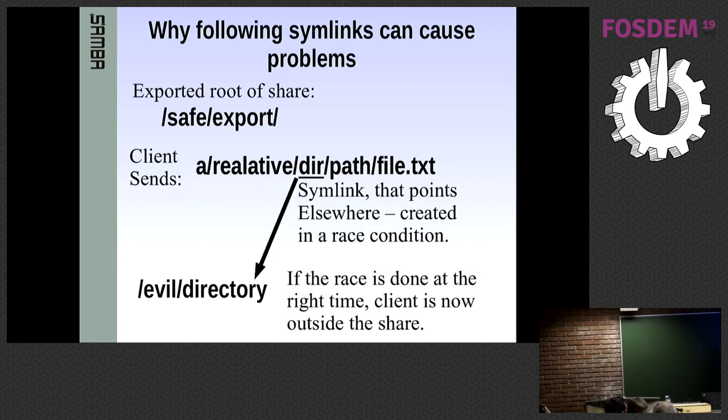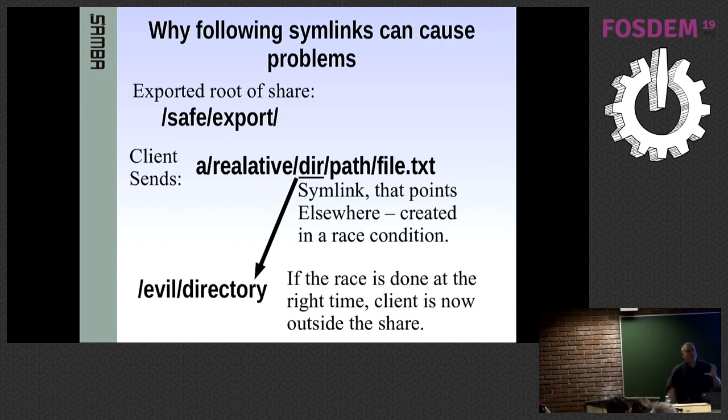And while you're in the middle of processing that, if another client can come in and replace that after you've processed past there with a symlink outside the safe exported zone, you have a race condition and it's a security hole. This was actually the security hole that I talked about in the presentation yesterday that Jann Horn, the Google developer, found.